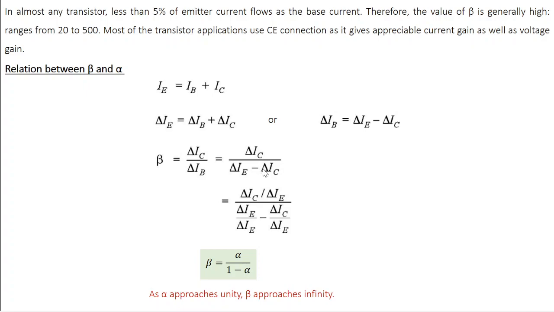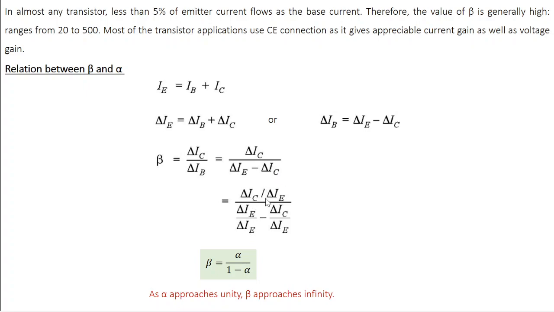Now both numerator and denominator you divide with delta IE. Since you are dividing with the same factor on either side, the value of beta remains constant, right? So beta equal to delta IC divided by delta IE, divided by delta IE minus delta IC, whole divided by delta IE.